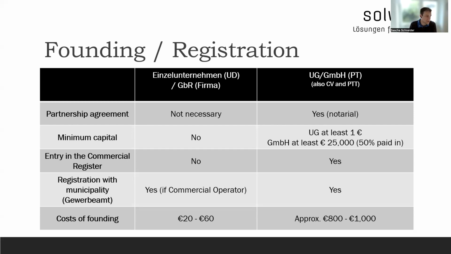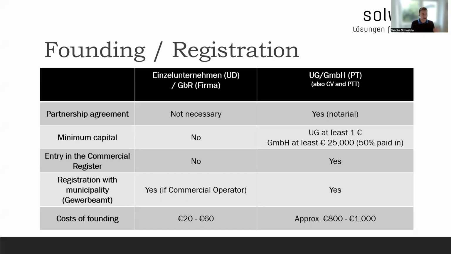If you do register, the cost of the registration with the Gewerbeamt would be between 20 and 30 euro. It depends on the city or region you're living in. I guess Munich would be approximately 60 euro, and in the countryside 20 euro would be the common sense, I guess.